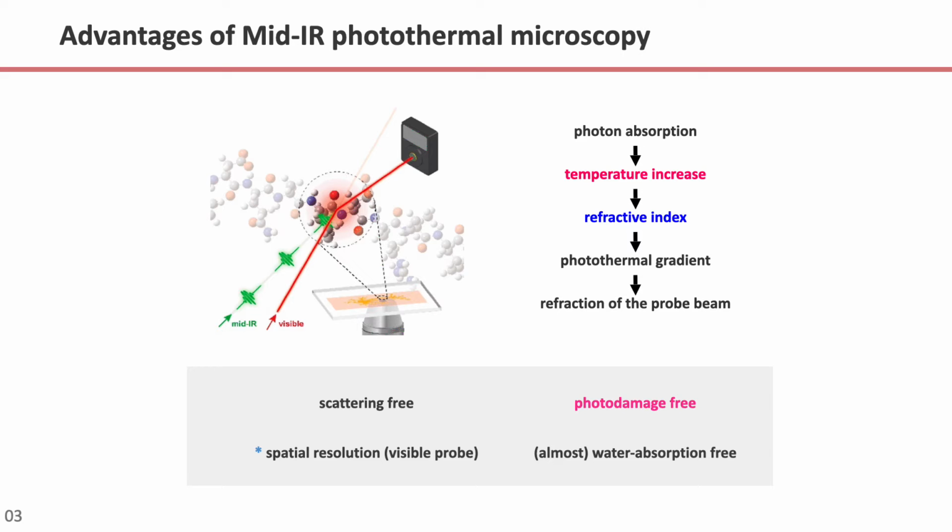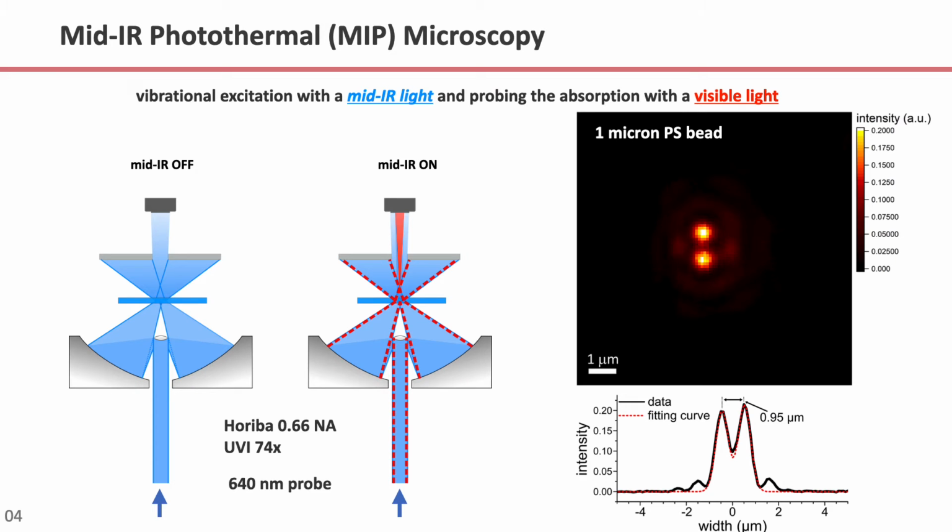And it has sub-micron spatial resolution with the visible probe, and at the same time, it has chemical selectivity with the mid-IR pump. After all, it is an excellent measurement tool with high chemical selectivity as well as high spatial resolution. Let me move on to the experimental data here.